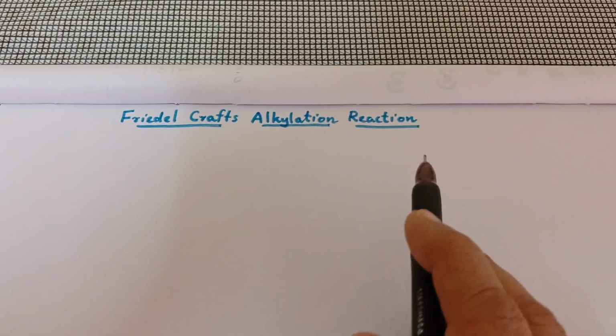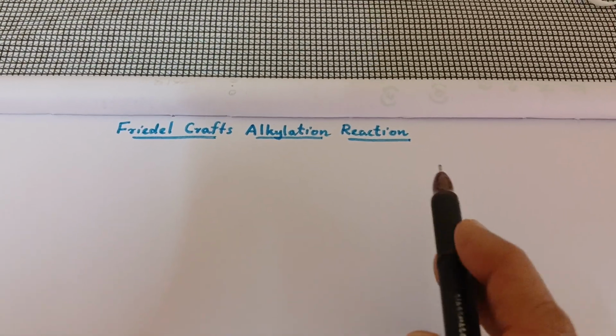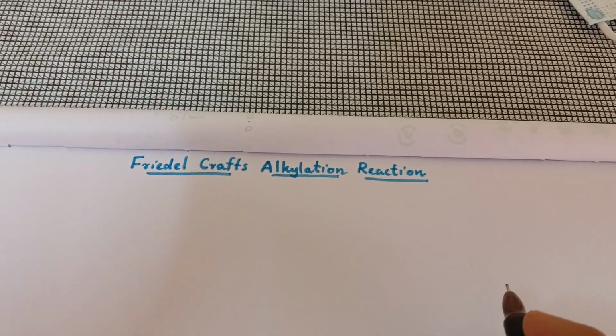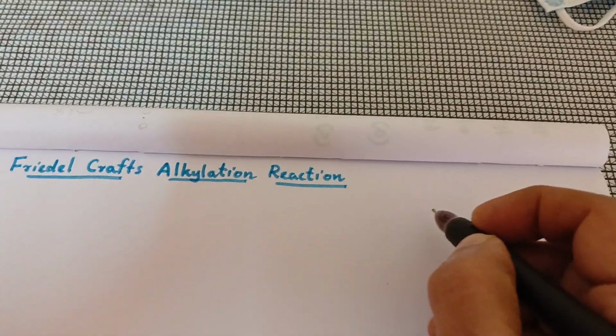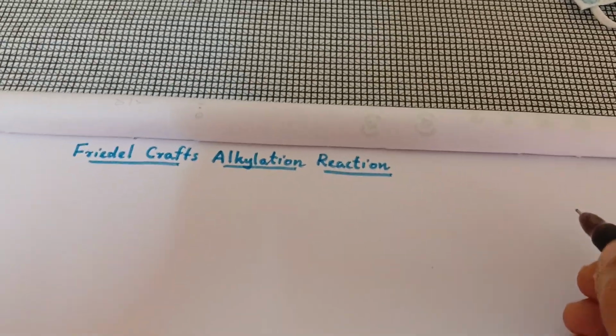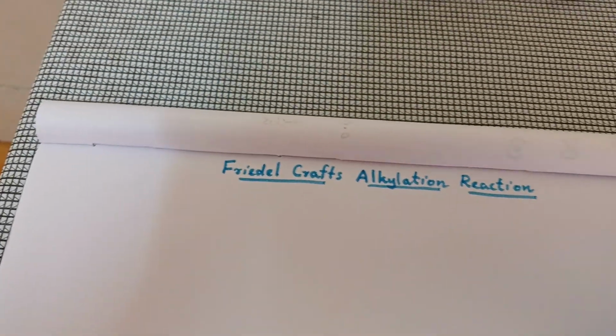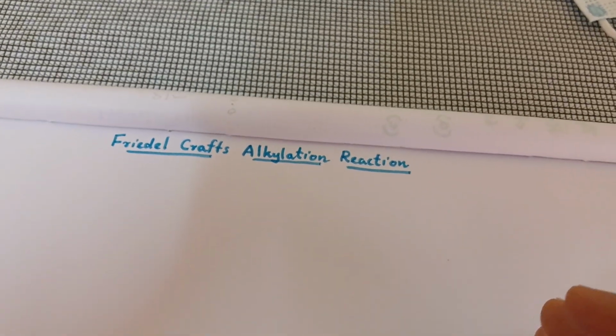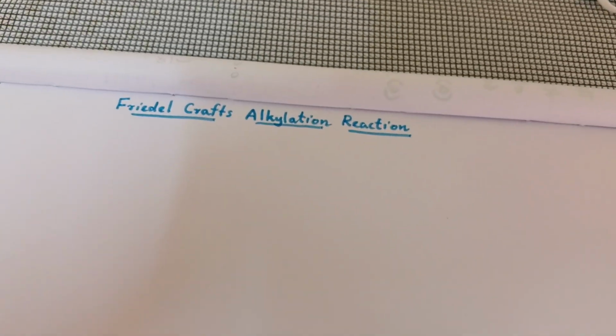Friedel Crafts Alkylation reaction. When benzene is treated with an alkyl halide in the presence of anhydrous aluminum chloride, alkyl benzene is formed. So this is a way of substituting an alkyl group on a benzene ring.